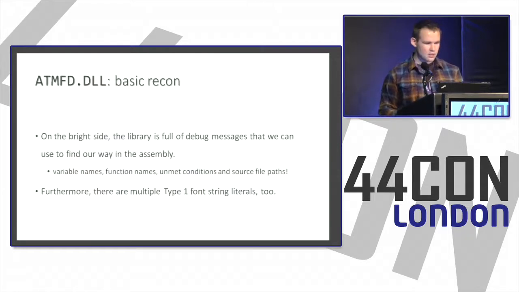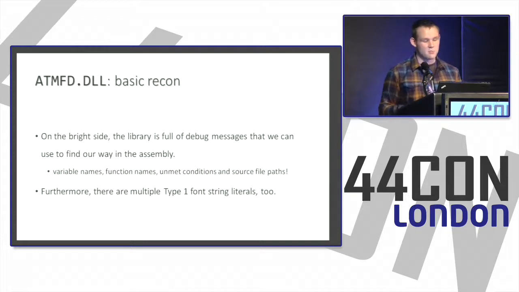Yeah. So when we do the basic recon of the ATMFD driver, even though we don't have symbols or anything like that, we still have debug messages, because Microsoft didn't get rid of them during compilation. So we can deduce many things from it. Apart from the behavior of the code itself, we can also find out variable names, both global and local ones, function names, because they are often referenced verbatim in the messages, conditions that they checked for in failed assertions and stuff like that, even source file paths, which can also help us in some way.